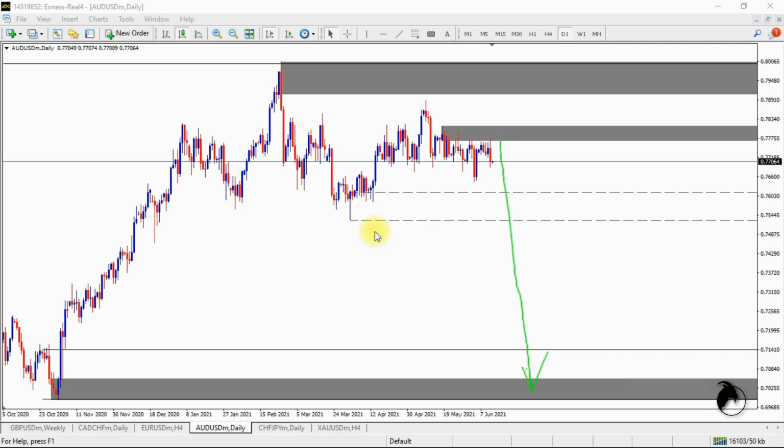So this is a poorly formed zone. Around this price we won't be looking for buying opportunities to that zone, maybe, or to this one. We won't be doing that. We will be waiting actually, and the violation of this zone will provide us with another zone to short the market to that lower zone there.